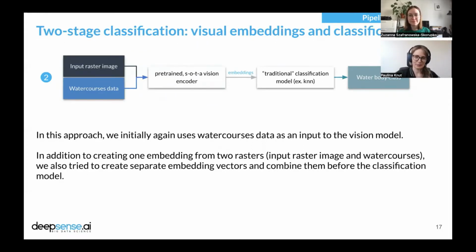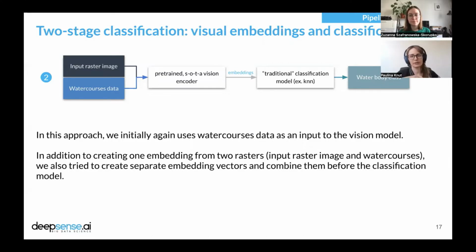The second approach is similar, but here we create embeddings in the first step, and then we do the classification. So we use the watercourses data as before, and in a new way, we also create embedding vectors separately for the raster image and the neighboring watercourses, and then we combine them.